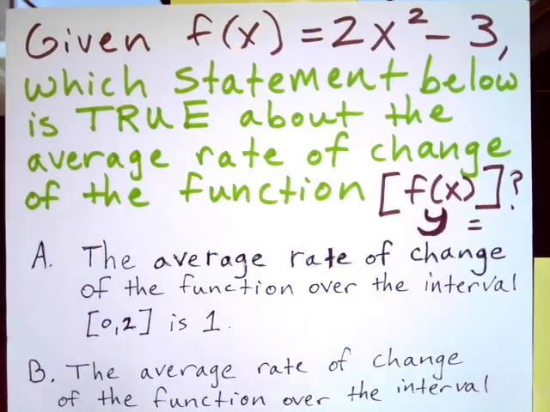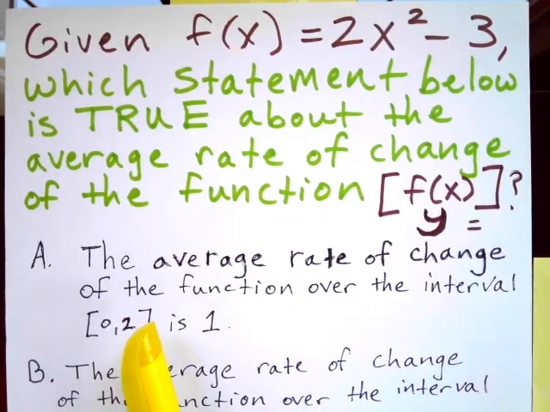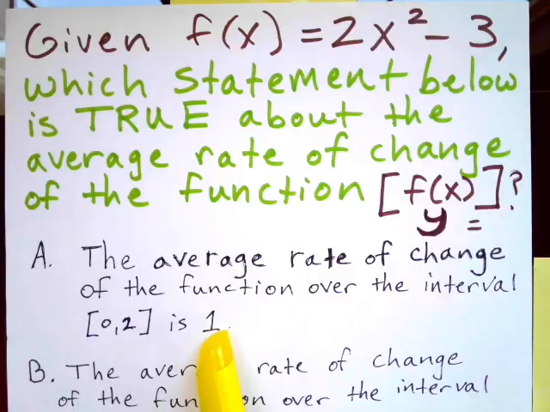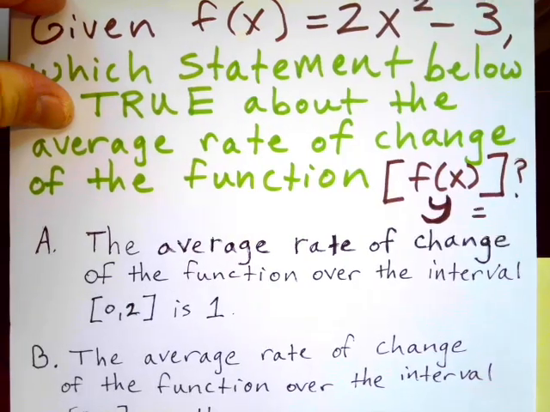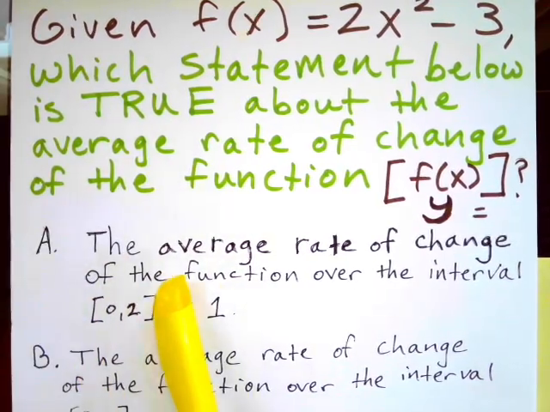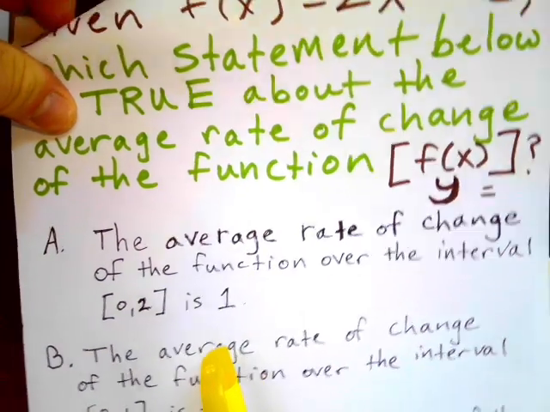So in reading this first question, again, I'm just going to read this sentence, and then in A, B, C, D, and E, the interval and the values associated with the interval are different. That's the only thing that is different. So A, the average rate of change of the function over the interval [0, 2] is 1.